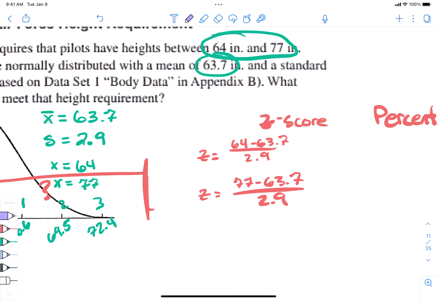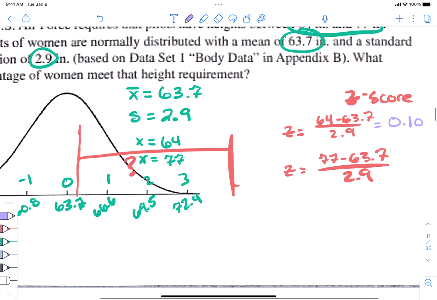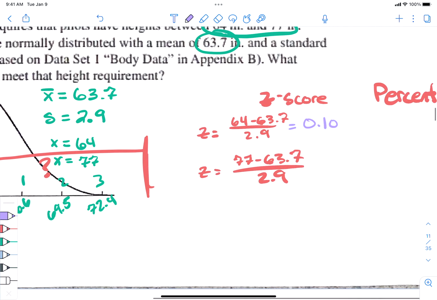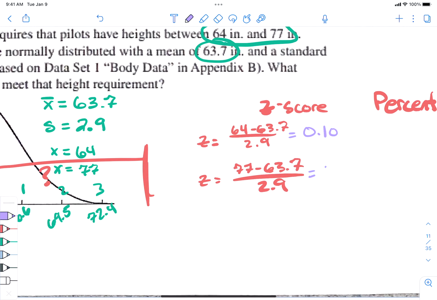The first one's 0.103, the second one's 4.56. We'll go 0.10 because we have to do 2 decimal places. Kelsey said 0.10 just to the right of 0. That's that guy. And then what's the z-score for 77? 4.59. What the heck? 4.59?